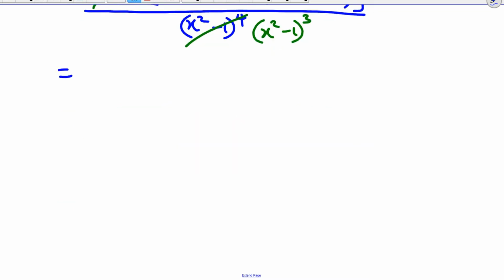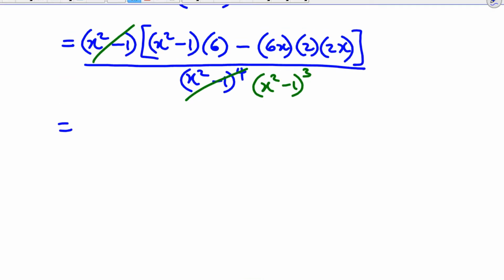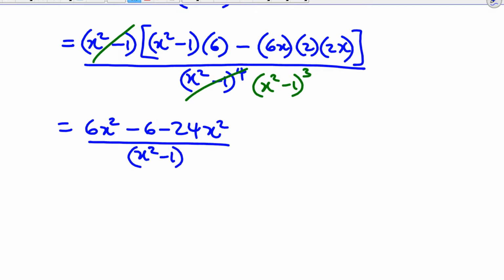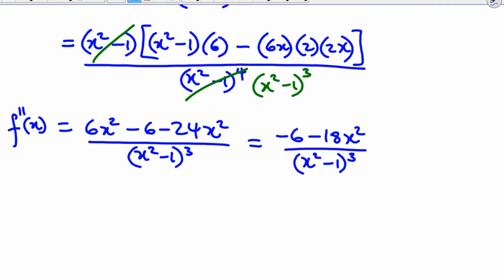What I'll end up with is, I can expand the numerator: 6x squared minus 6 minus 24x squared, over (x squared minus 1) cubed, which will be equal to negative 6 minus 18x squared over (x squared minus 1) to the power 3. Okay, so that's what we end up with as our second derivative.